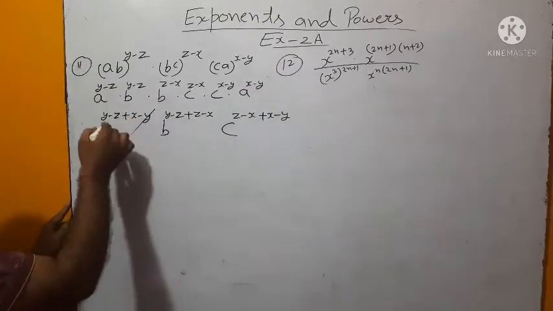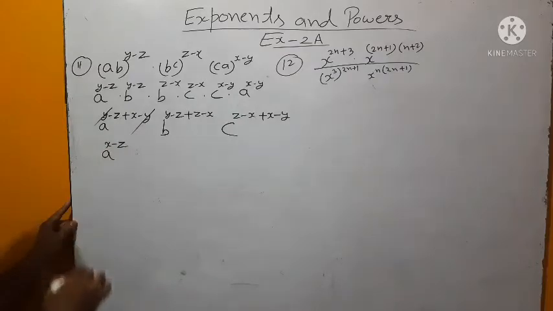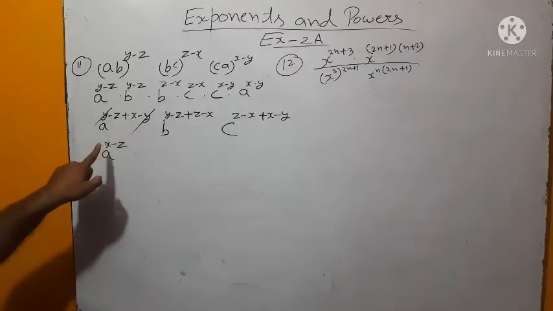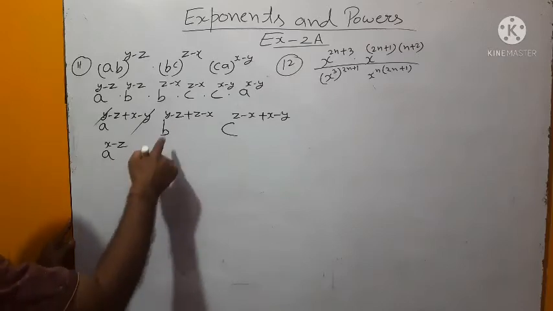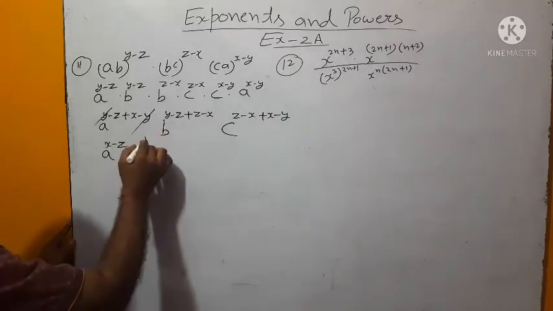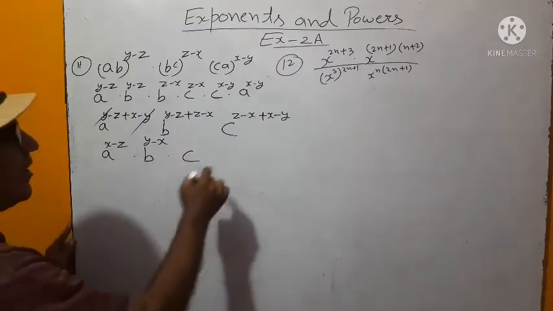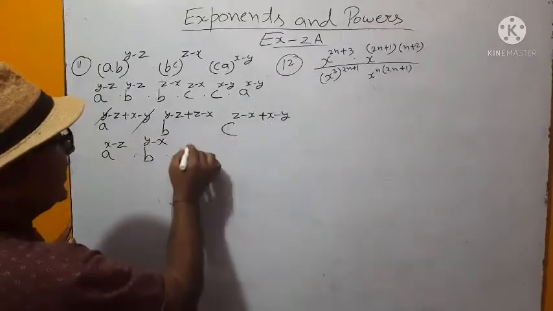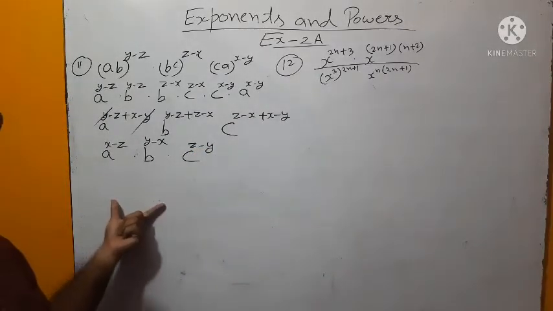Now minus y plus y is 0, a power x minus z. I am writing the positive number first, then after negative number. Now with b, minus z plus z is 0, getting y minus x. C power minus x plus x becomes 0, you are getting z minus y, and this will be your answer.